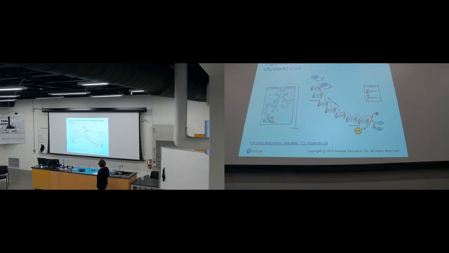So the flow of electrons then goes in this direction. As this is happening, you have oxidation and reduction. Oxidation is shown in red arrows, reduction is shown in yellow arrows.